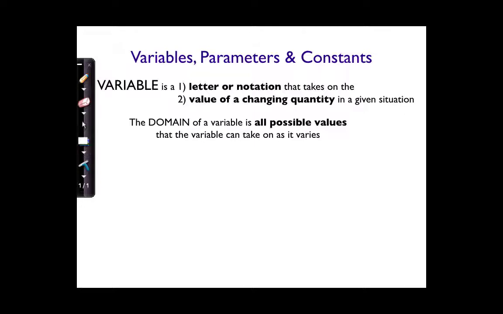Or if it's something like the flag situation, well, time since we started lowering it would only be 0 or larger, and probably not up through infinity, because it's not going to take infinity seconds for the flag to stop being lowered. And the height would again be height above the ground, would again be something from 0 to, well, however tall the flagpole was, which would be not infinity.